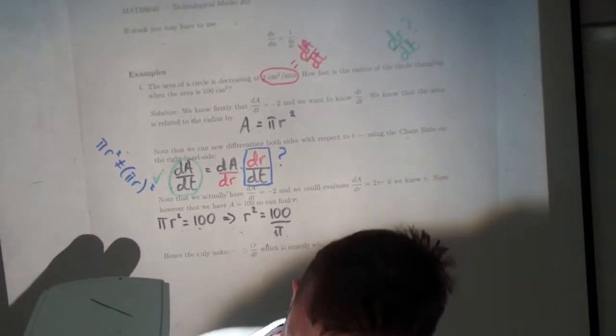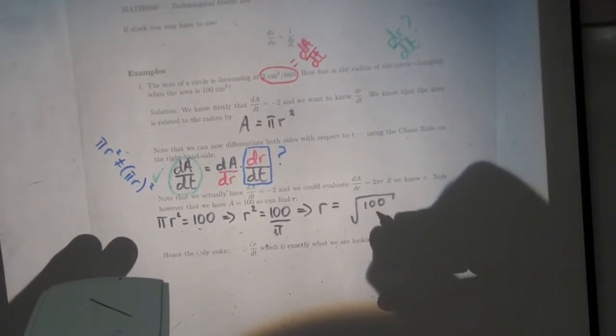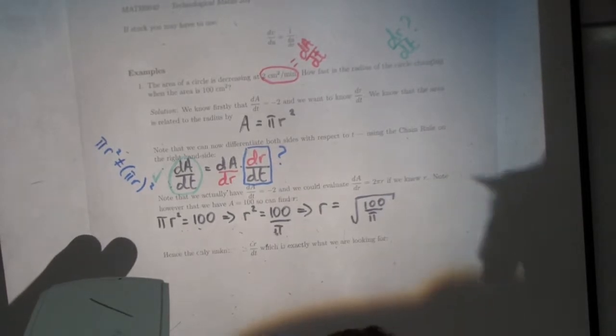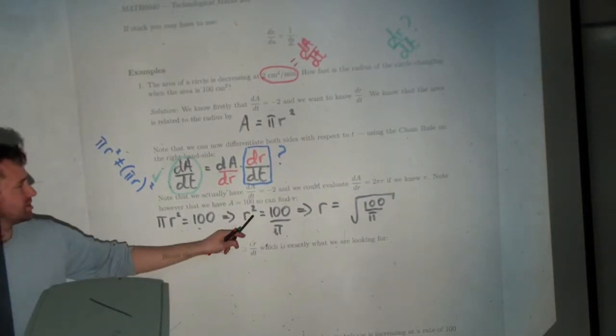How do I get rid of the pi? Divide by pi, combine both sides: r squared equals 100 over pi. And now I'll get rid of the square. What's the inverse of squaring? Square root. Now, if I'm doing this algebraically for a second, how many solutions?